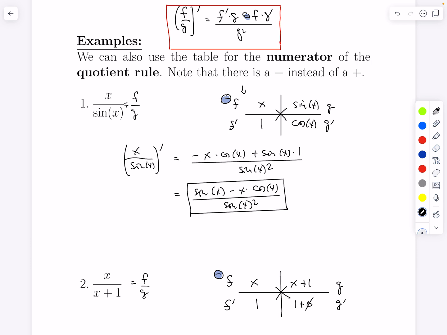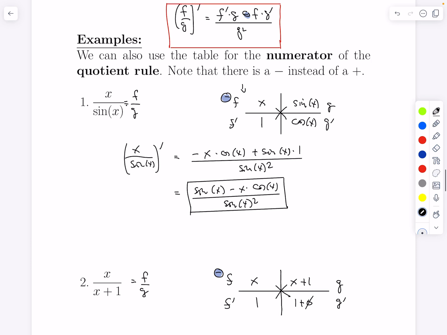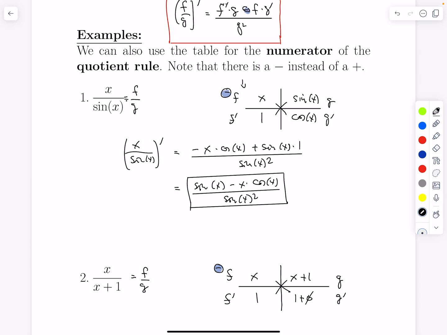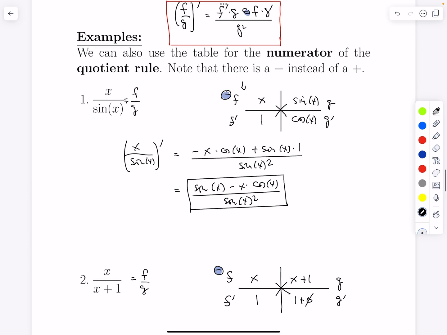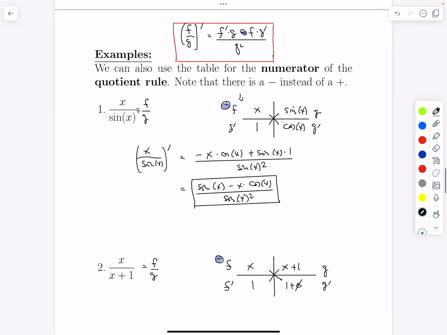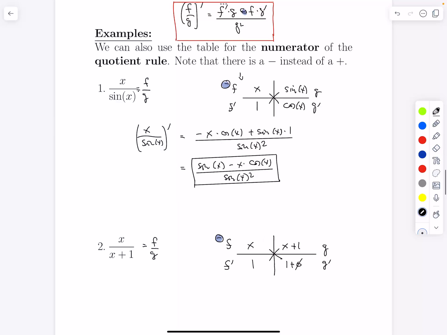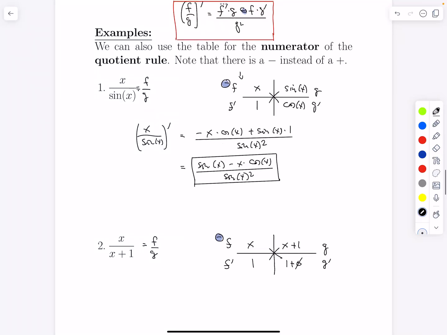And then we execute the rule. It doesn't fit. Okay, I zoom out. Okay, so x over x plus 1 prime, what is it? So we do the top of the fraction using the table.